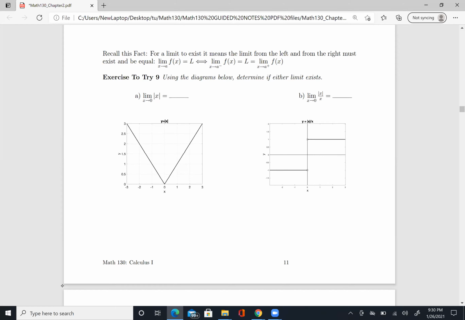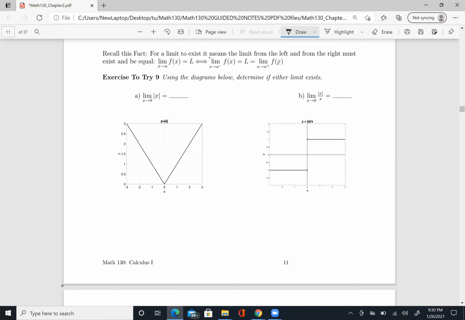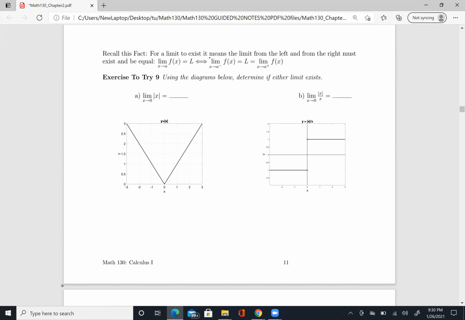The limit of f(x) when x goes to a from the left-hand side, equals the limit of f(x) when x goes to a from the right-hand side, and equals L. That's it, right? You need to remember this, this is a fact.